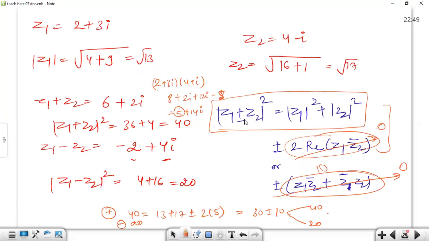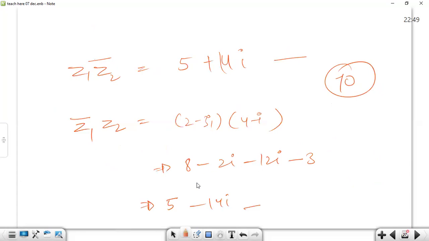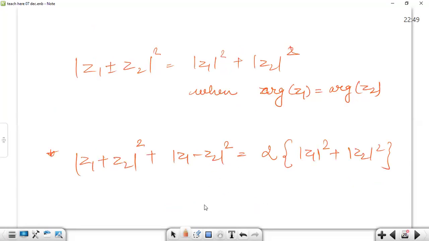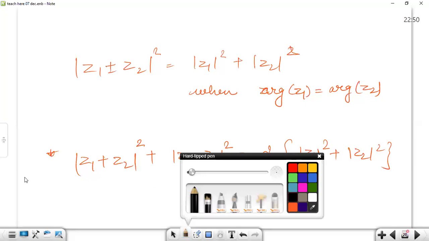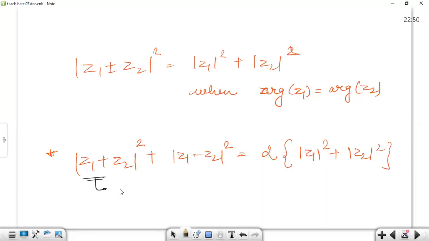Let me write it properly, elaborately. What is the formula of this? Modulus of z1 whole square plus modulus of z2 square plus 2 into real part of z1 and the conjugate of z2. Yeah, right.